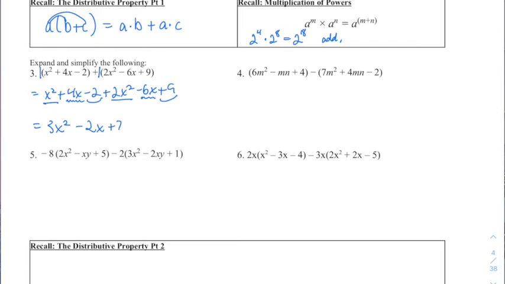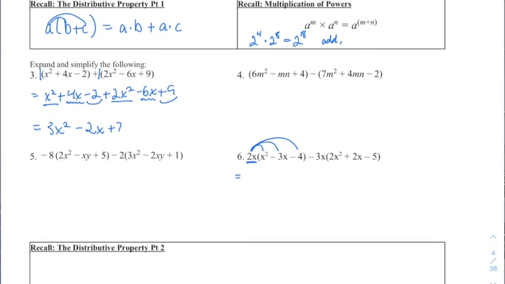So I'm going to skip number 4 and 5. You can check those in the notes. I'm going to go to number 6. Okay, just to remind you that if you have a variable here, so for example, 2x times x squared, well, x times x squared is x to the power of 3, isn't it?